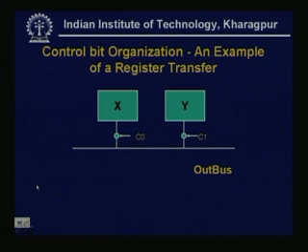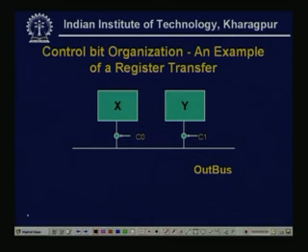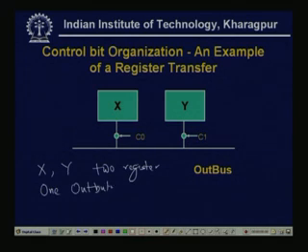Now, we consider one example of a register transfer and we see how this control bit organization can be achieved. Here there are two registers, X and Y, and one out bus. Now, C0 and C1 are the control bits.